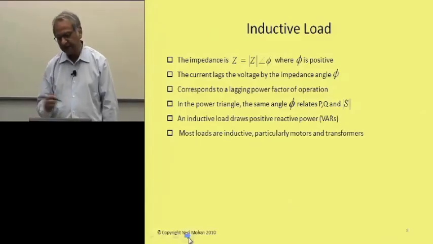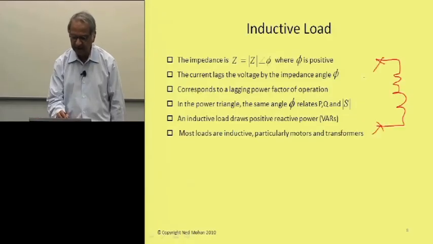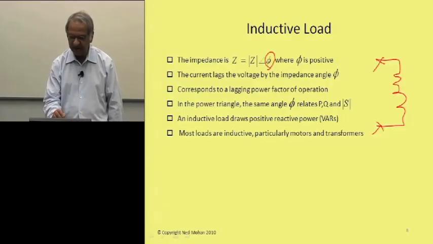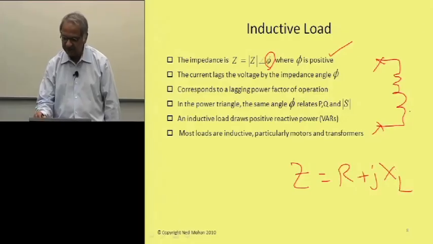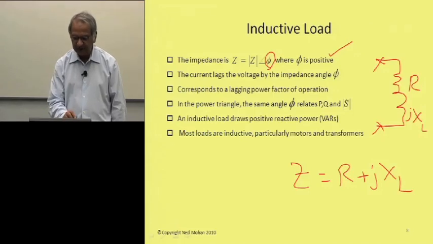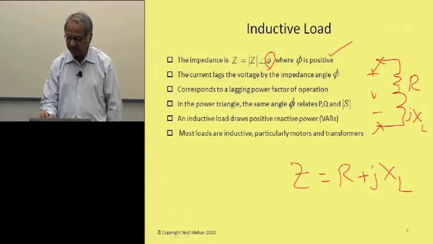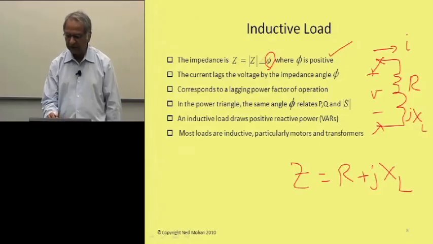Let's say you have an inductive load, like an RL load. This is our load impedance, which has this angle phi, which will be positive here because Z is equal to R plus jXL. So this is jXL, and this is R. The current in this circuit, if you had some voltage here and this current I, would lag the voltage by the same angle that you have for the impedance.